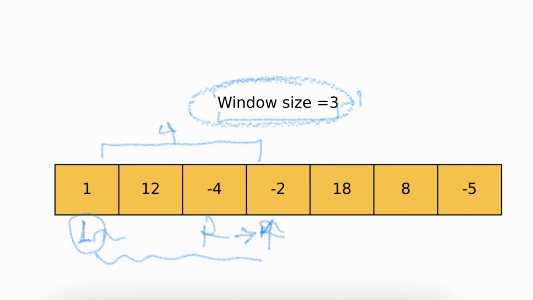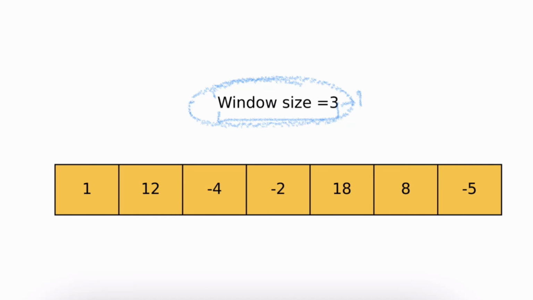Or we cannot change the left pointer and keep the right pointer at the previous position, since in this scenario the window size is 2. So at each step of our solution, we have to increase our left pointer and right pointer at the same time to keep the window size constant.